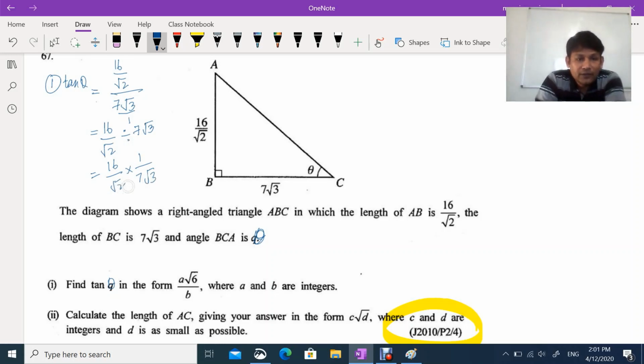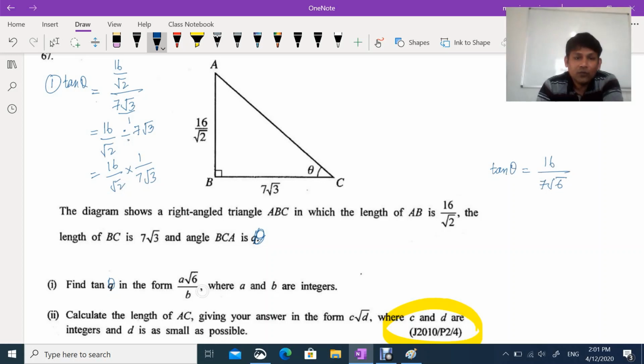The radical, we are having the under root in the denominator. Let me simplify a little bit first. Tan theta is 16 upon 7, and under root 3 under root 2 will become under root 6.